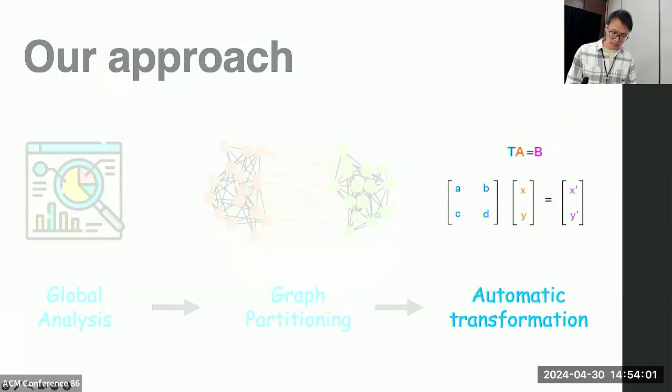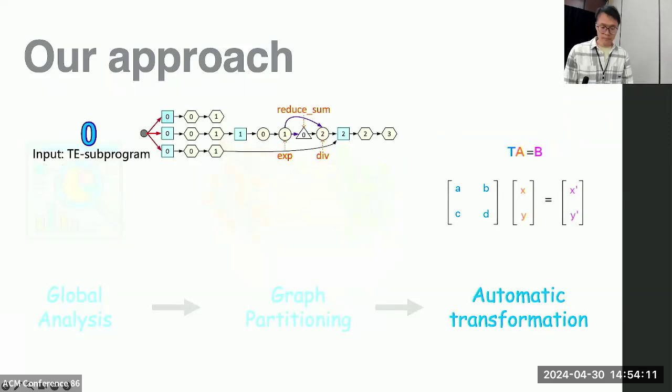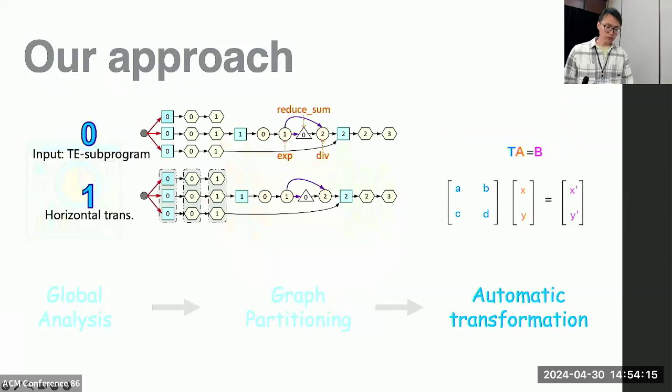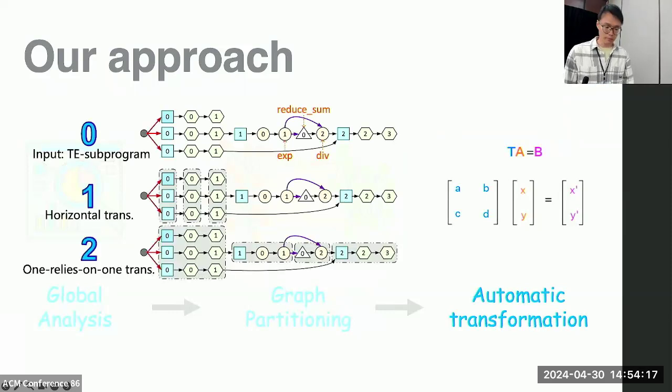Last, it looks at the opportunity to automatically transform the tensor expressions to improve the performance for each tensor subprogram. So the compiler supports both horizontal transformation and vertical transformation. For the horizontal transformation, it transforms a branch of tensor expressions into one tensor expression to increase the parallelism.